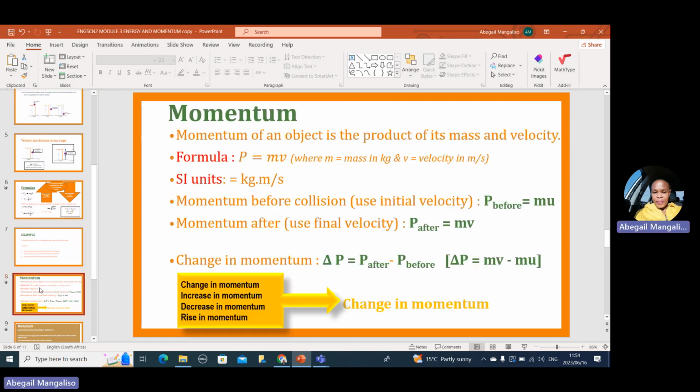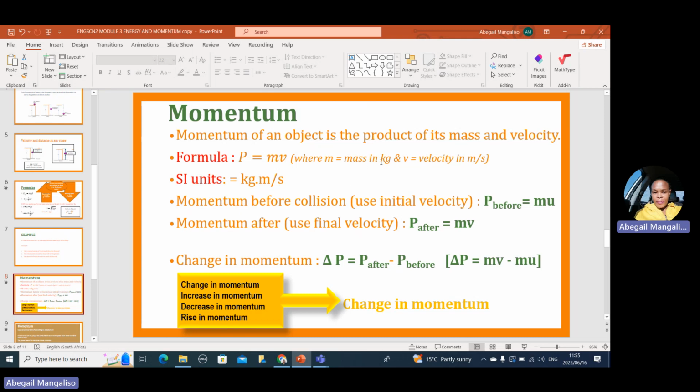Now let's look at another concept called momentum. Momentum of an object is the product of its mass and velocity. The symbol that is used to calculate momentum is capital letter P. It's a product, so you multiply the mass of the object and its velocity: P equals m multiplied by v. This m is the mass in kilograms.